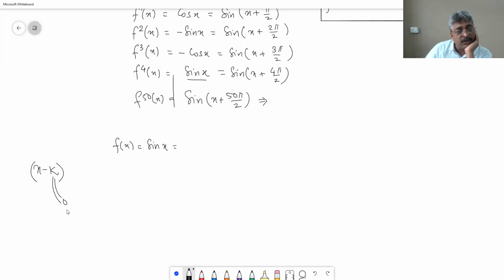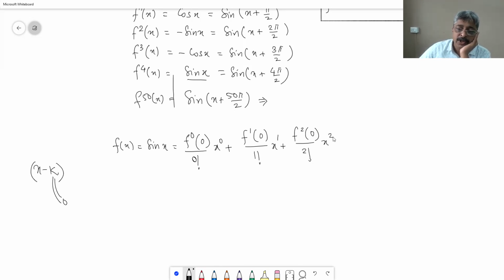So sin x is going to be equal to zeroth derivative evaluated at 0 divided by 0 factorial times x raised to 0 (actually it is x minus k raised to 0, but because k is 0, I am writing it as x raised to 0) plus first derivative evaluated at 0 divided by 1 factorial into x raised to 1 plus second derivative evaluated at 0 upon 2 factorial x square plus third derivative evaluated at 0 divided by 3 factorial x cube plus fourth derivative at 0 by 4 factorial x fourth, plus so and so.